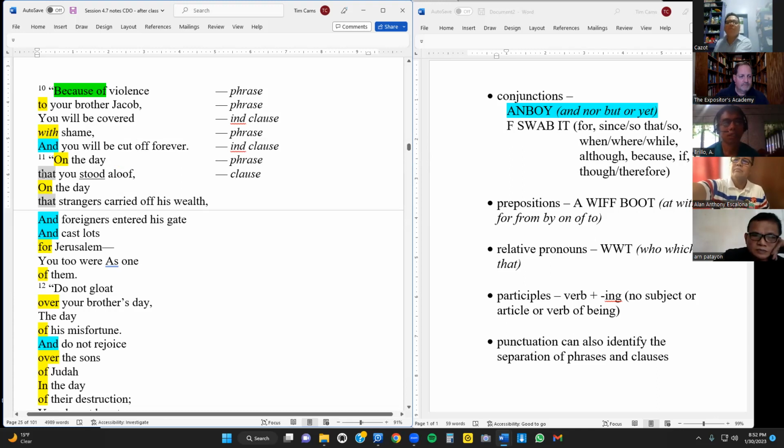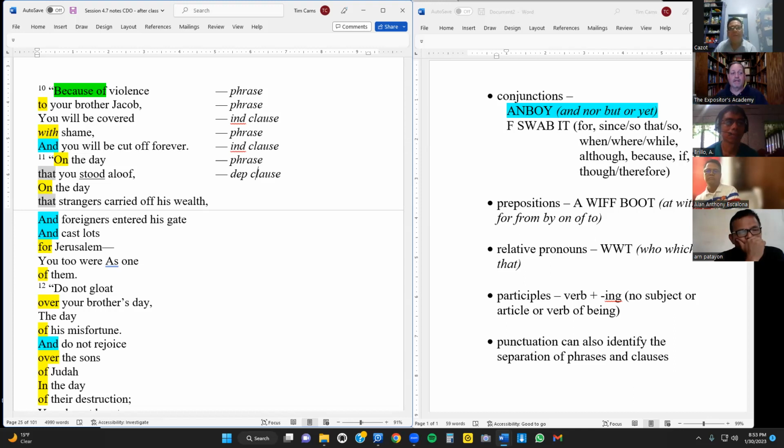Independent, sir. Okay. Notice the first word, that. That tells us that it's actually dependent because it's introduced by this word that. So it's describing the day that you stood aloof. So this is actually dependent. It's not standing alone.